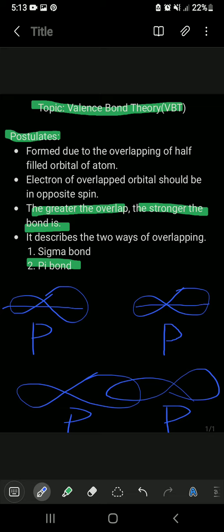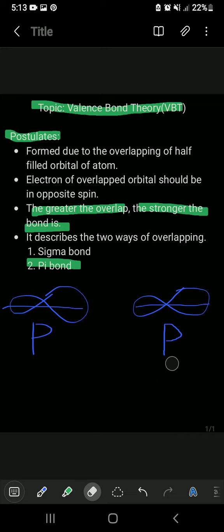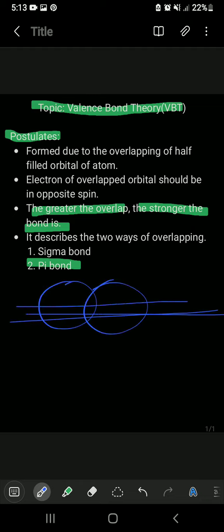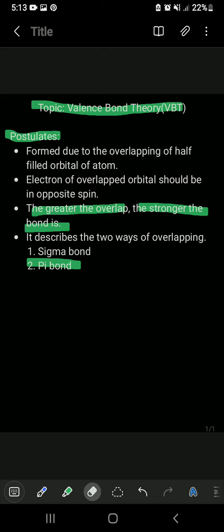Like we also discussed the ss orbital, this also makes linear bonding. This means that a sigma bond always makes linear bonding, and the sigma bond is always the first bond of a molecule.